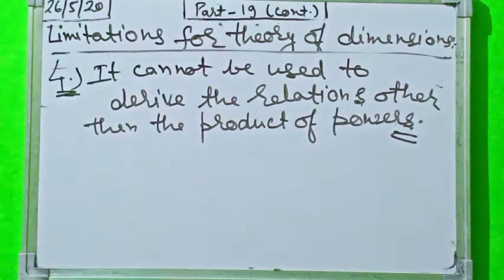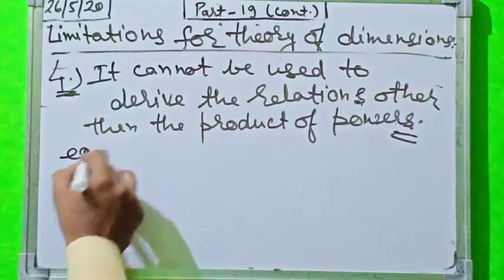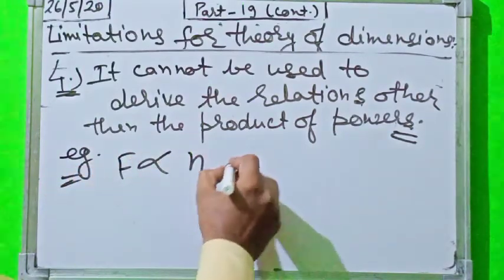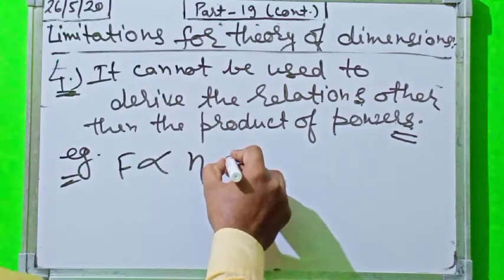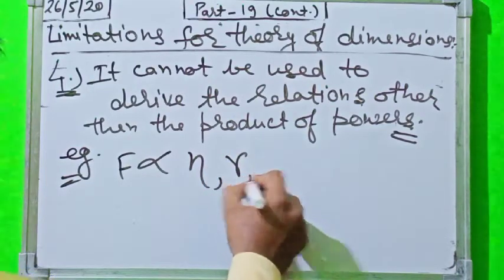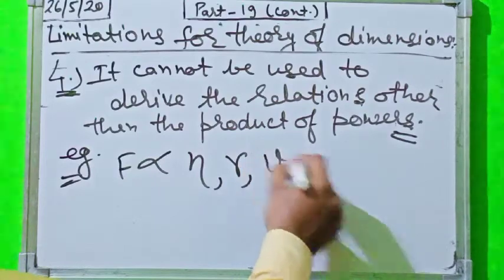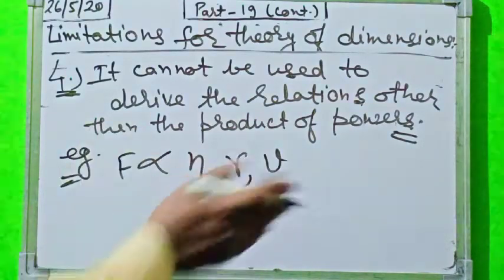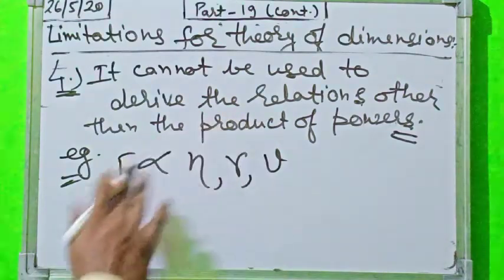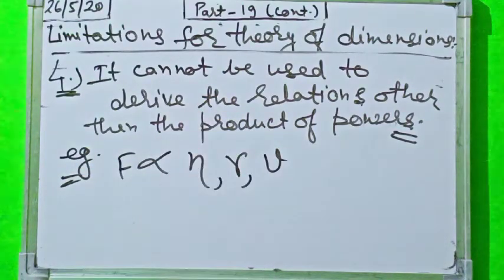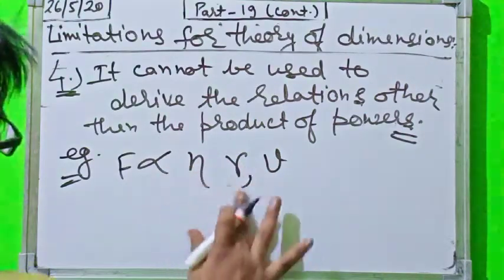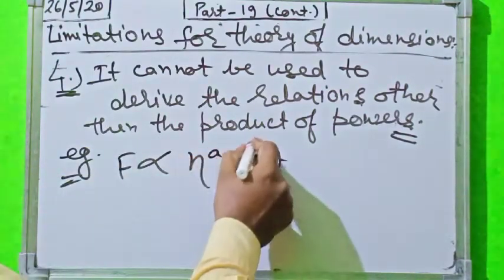Product of powers means if the dimensional formula is depending on 3 physical quantities which are in the form of products, then suppose force is directly proportional to coefficient of viscosity, radius r and velocity v, then by the help of dimension you can find the relationship between them. You can find easily because they are in the form of products. You can write in the form of products, and by giving the powers a, b, c, you can calculate it.